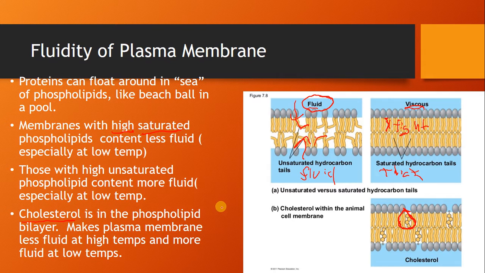However, at high temperatures, the cholesterol makes this phospholipid bilayer less fluid. So it's kind of a checks and balances mechanism. And a lot of organisms have evolved to be able to modulate their saturated and unsaturated composition of their phospholipid bilayer and their cholesterol composition over time based on their environment.